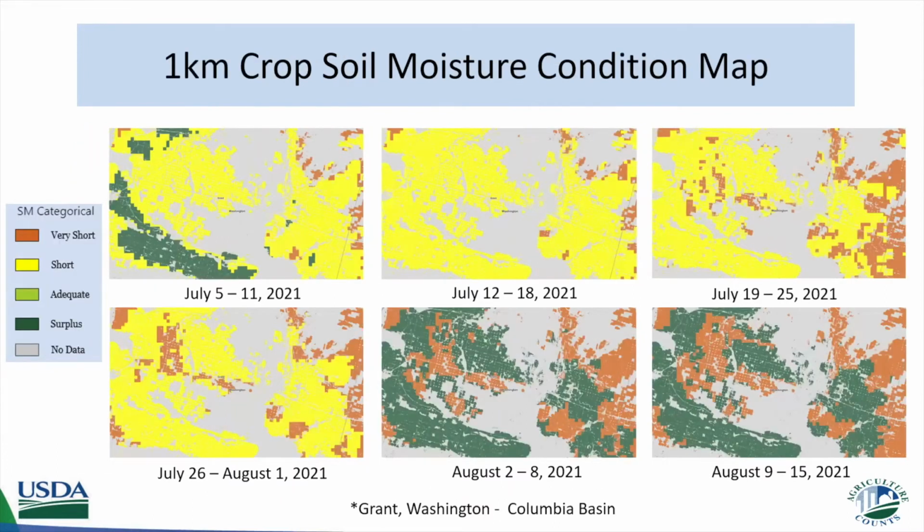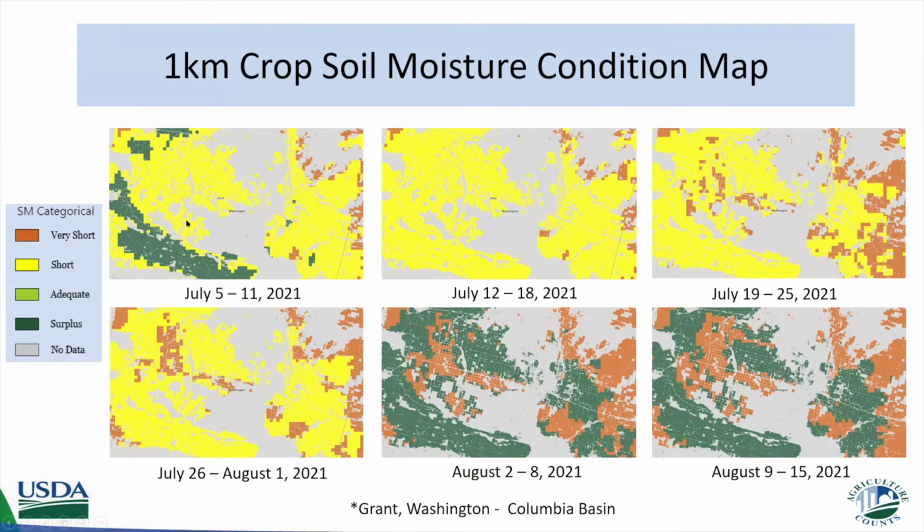But the actual condition, the measure reported by NASS and the condition map from our derived soil moisture condition map, we'll see here on the first of the dry weeks, we have one portion of the area that's extra.